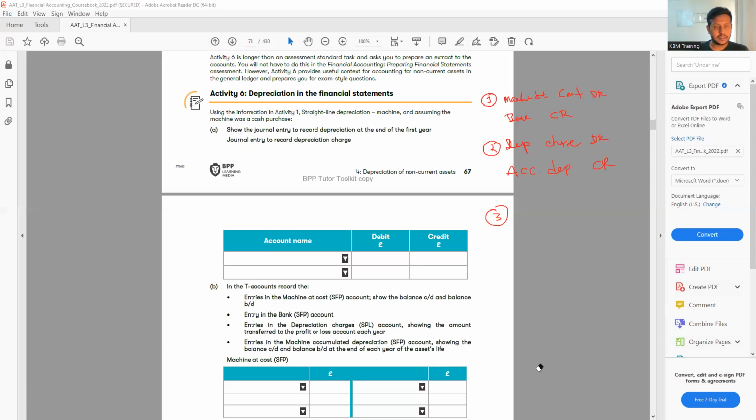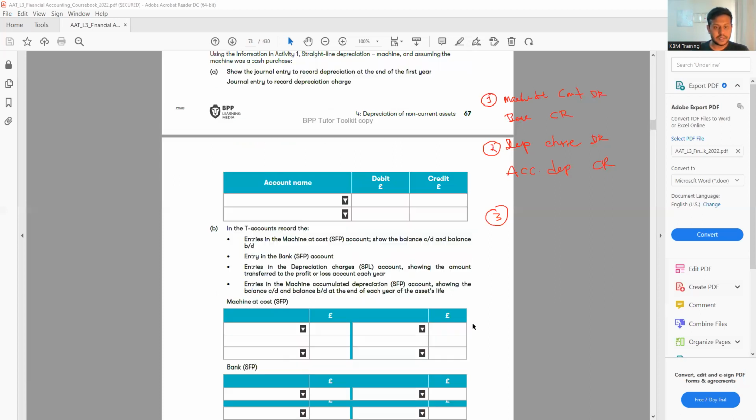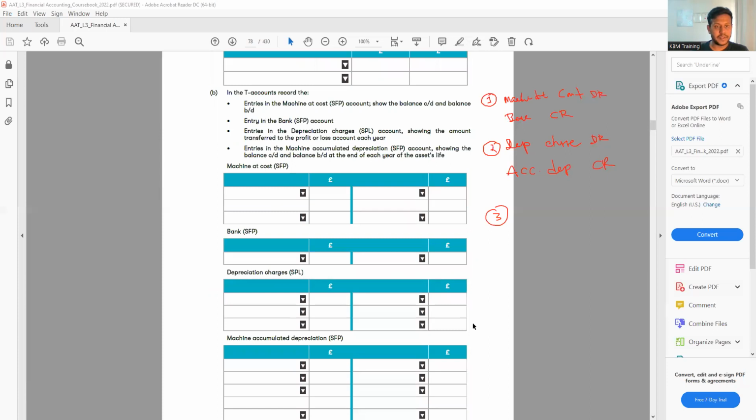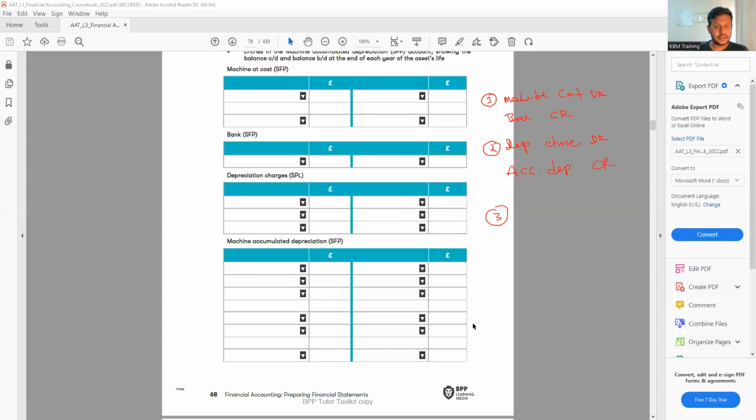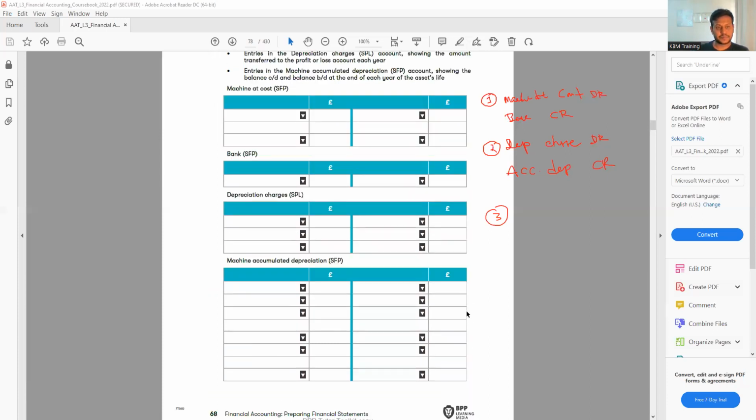So we will go a little bit down and complete this one. Okay, the first one we have here is the machine at cost. The machine was 2,500, so machine at cost is a debit.